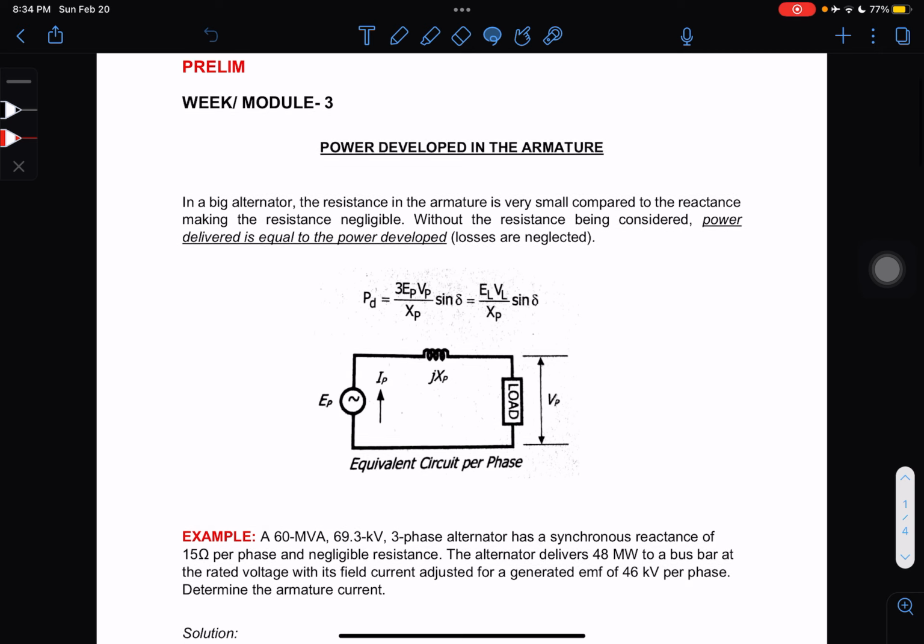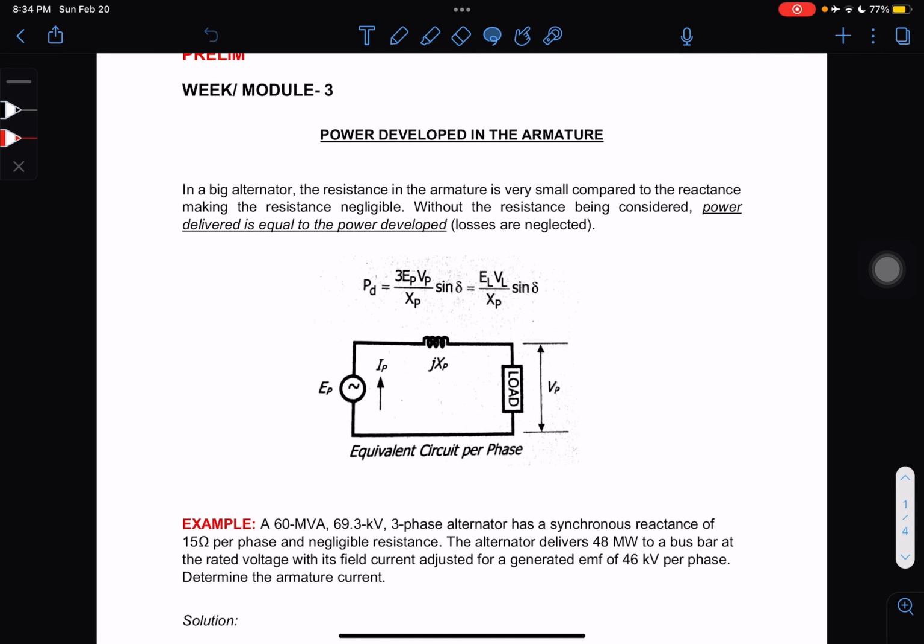So we have here our equivalent circuit for our power developed in the armature. So we have EP, our induced voltage, and our IP, or the phase current, and our XP, and our terminal voltage per phase. So we have our formula for power developed in the armature.